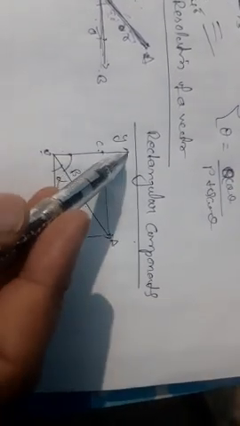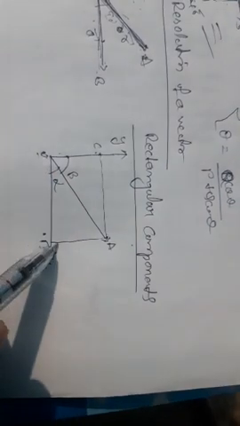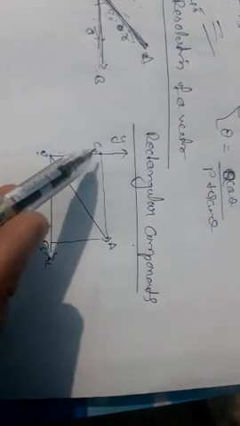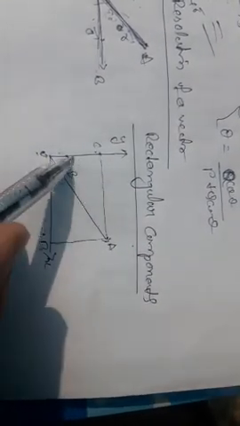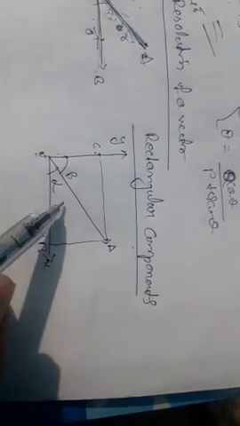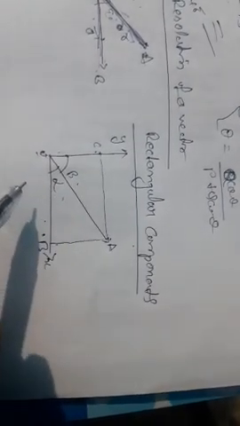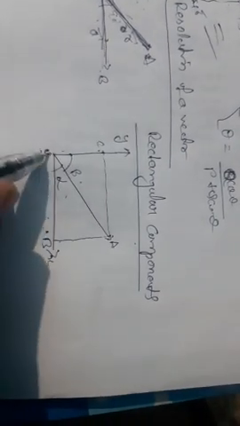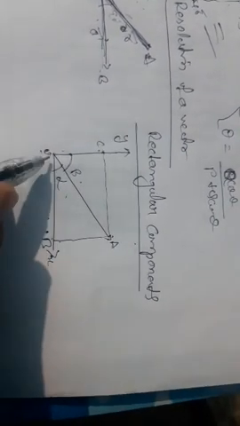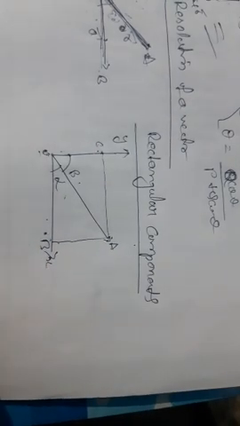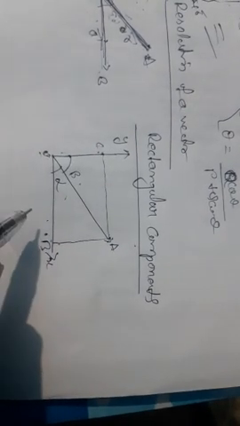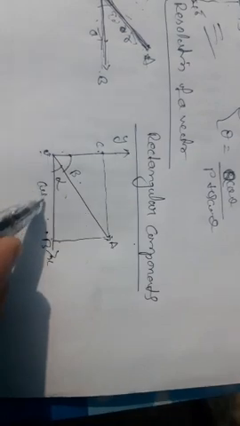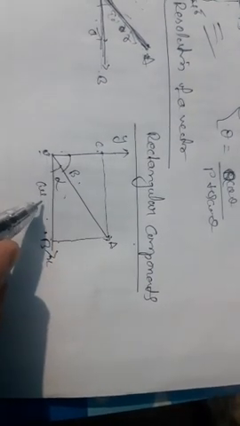That is the vertical component, that is the horizontal component. The angle between the vertical and the horizontal component is what? That is 90 degrees. The sum of the two angles is 90 degrees. Now, the vertical line is taken at the angle cos alpha.